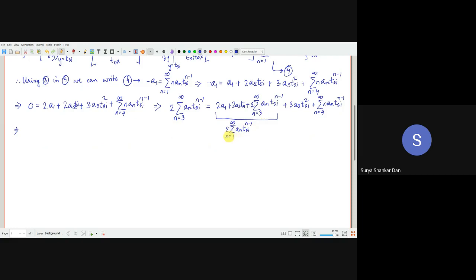Just check. When n is equal to 1, it will become a1, and tsi to the power 1 minus 1 is 0, so 2a1. That's the first term. When n equal to 2, it becomes 2a2 tsi. That's this one. Correct?